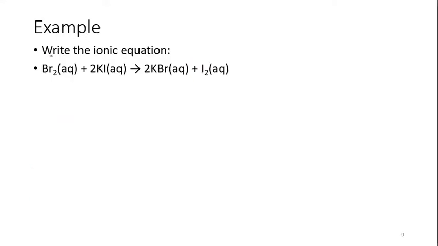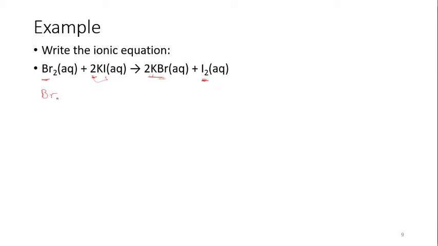Let's take another example. Write the ionic equation for the reaction of bromine with potassium iodide, to give potassium bromide and iodine. It's already a balanced chemical equation.